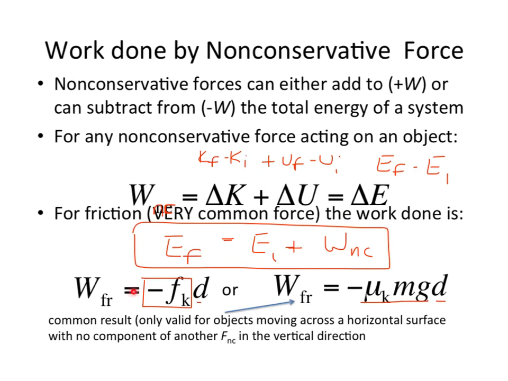Well, if we're going to be a little more complete about it, that's mu k times mg times the distance times the cosine of 180. Of course, the cosine of 180 is -1, and so that's where that negative comes from. So work done by friction is always negative. In this case, you would put a negative amount of work in here so that the final energy of the system is less than the initial energy of the system.